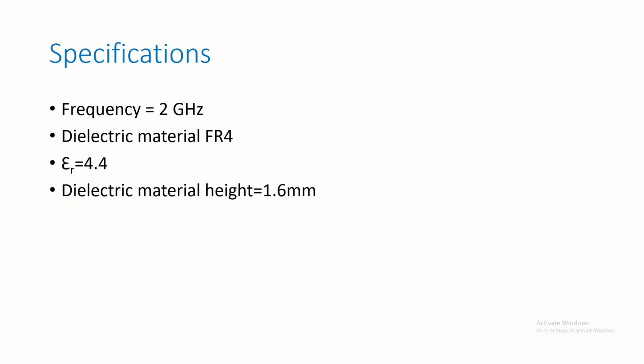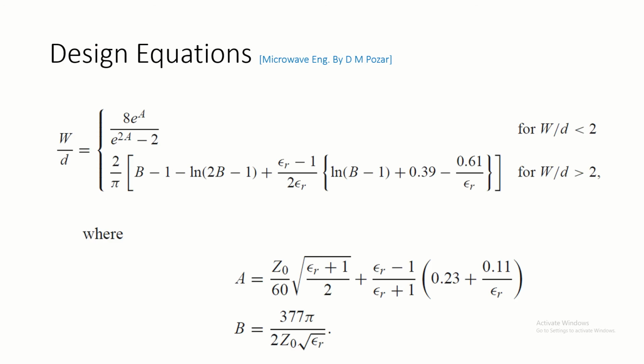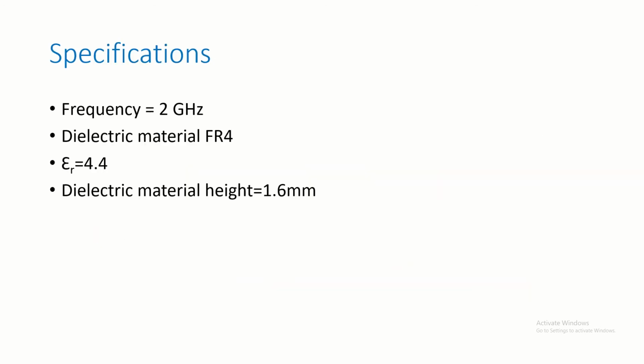Then the dielectric constant of FR4 is 4.4, and the dielectric material height or thickness that we need to take is 1.6 mm. So if we have the specification and if we put that in this equation, then the width of the line that we could get is equal to 3.05 mm. Okay, so that is what we are going to design.